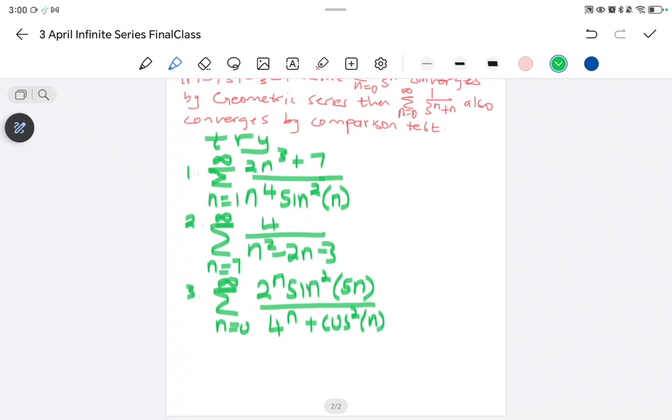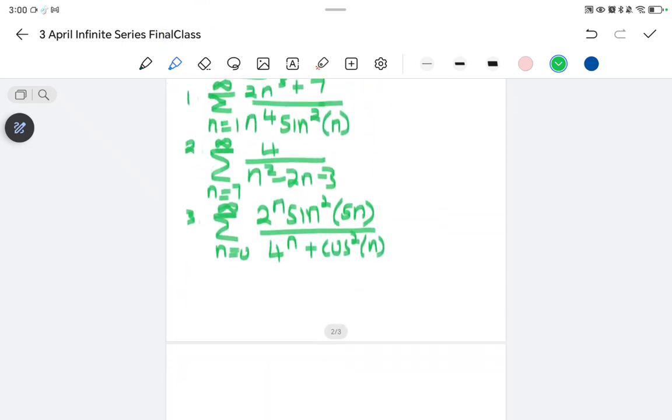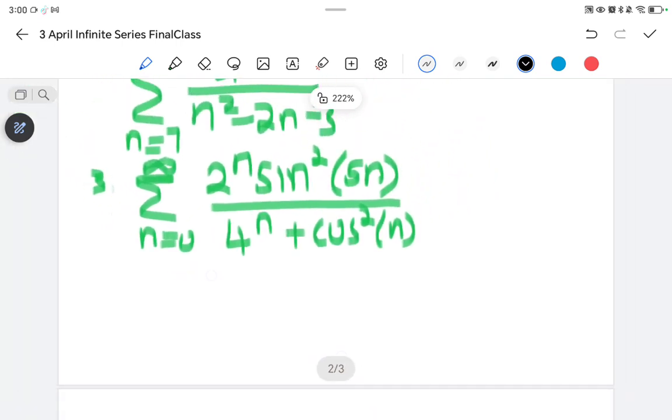So now we can come to the limit comparison test.